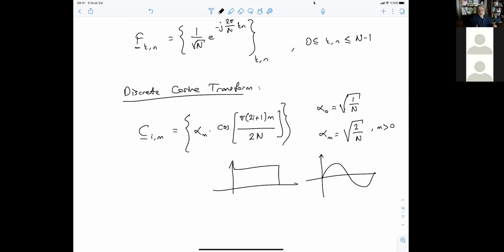So the norm of this is the norm of that divided by square root of 2. So the norm is square root of N divided by square root of 2.